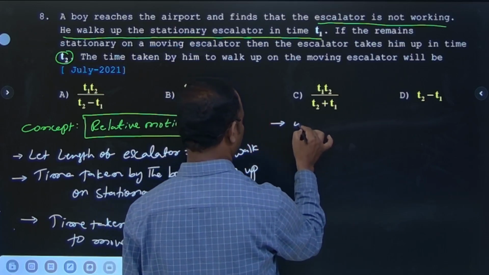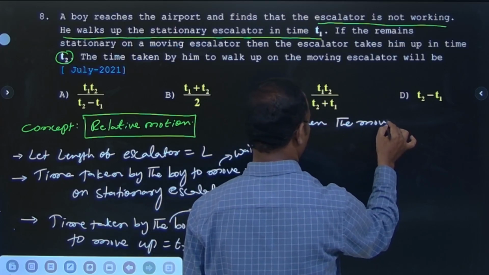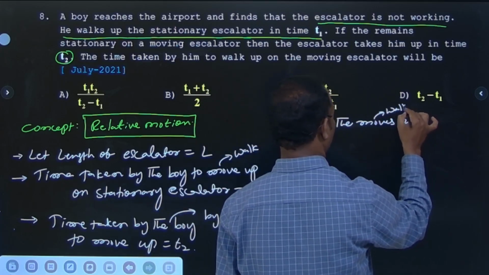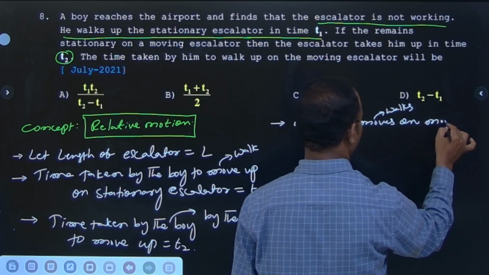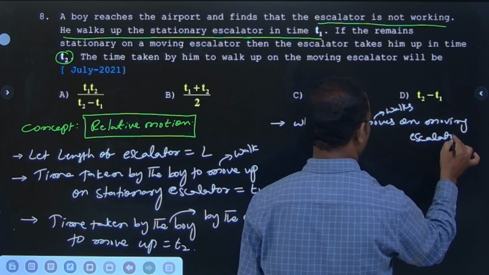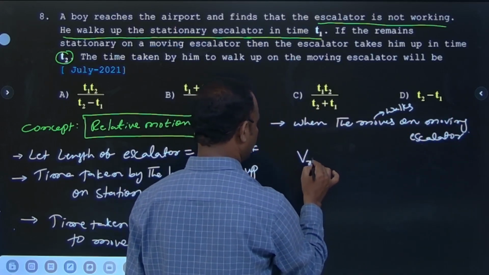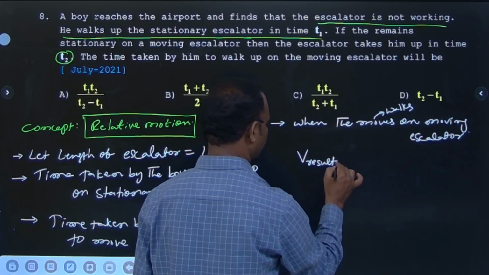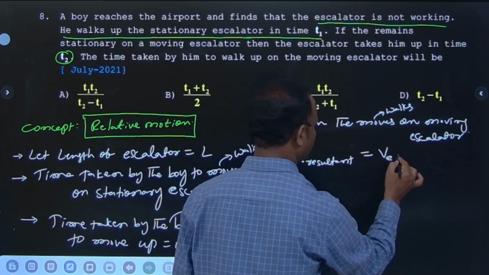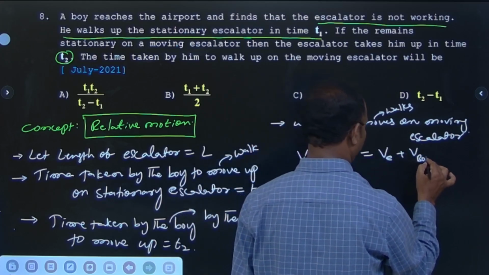So when the boy walks on the moving escalator, V resultant is equal to velocity of escalator plus velocity of boy.